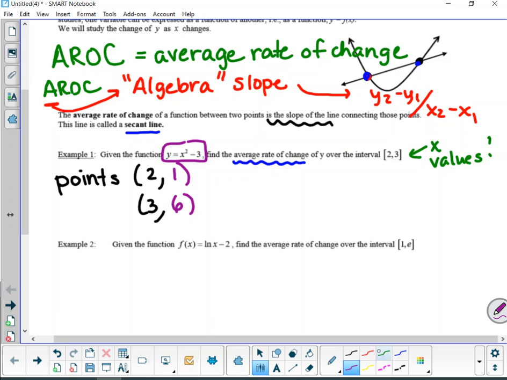And so the average rate of change would be, this is just me, I would do 6 minus 1 and then 3 minus 2. You can absolutely do 1 minus 6 and then 2 minus 3. You just have to be careful that you're consistent with your order. And so the average rate of change would be 5.